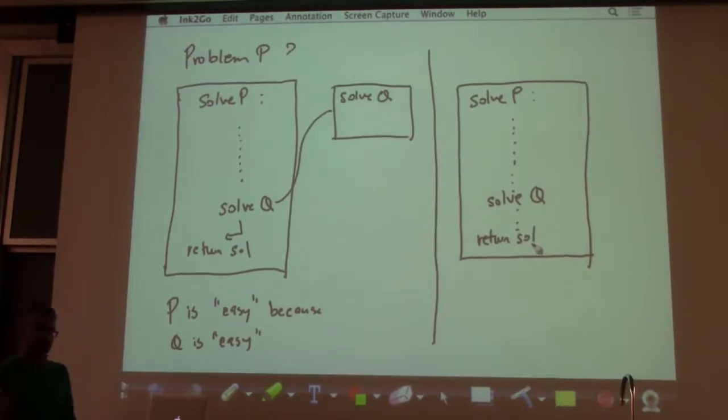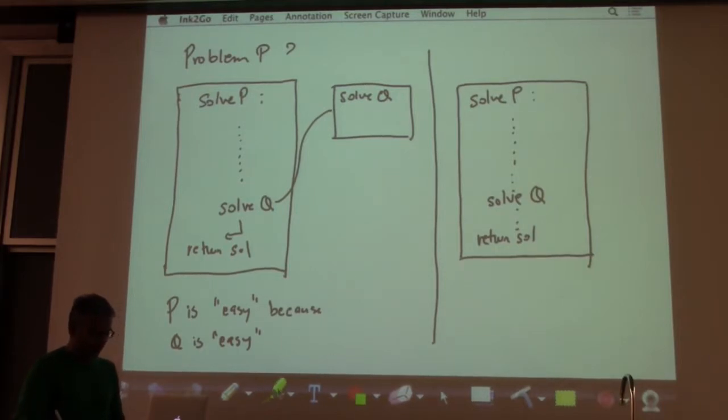Except there's one difference. In the first case, the problem we wanted to solve was P. In the second case, the problem we're trying to prove hard is Q.